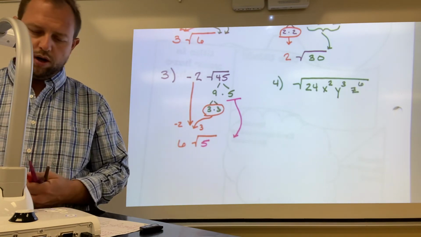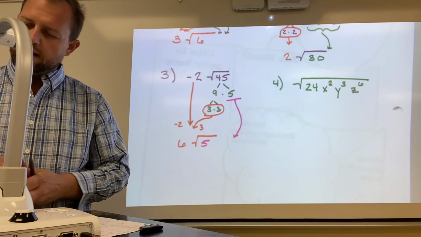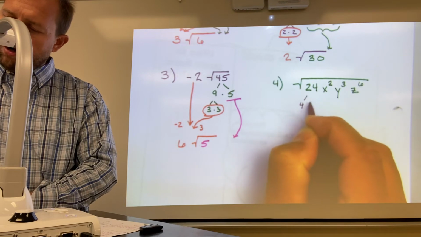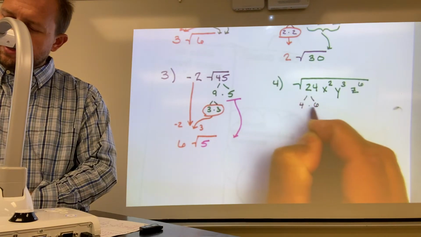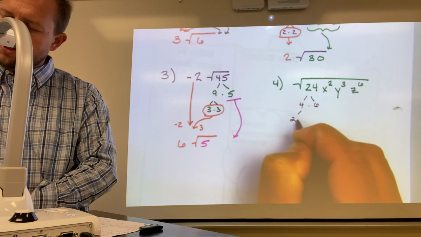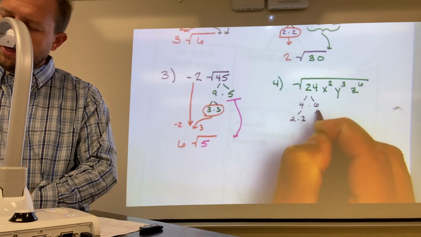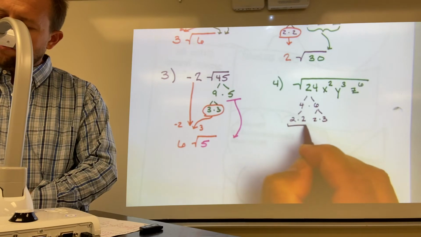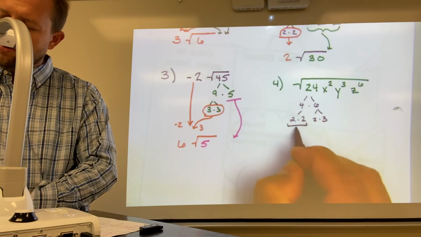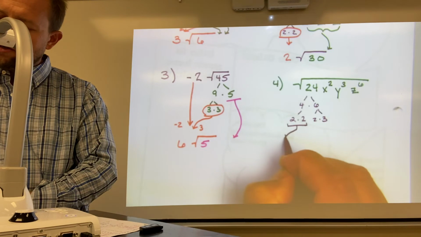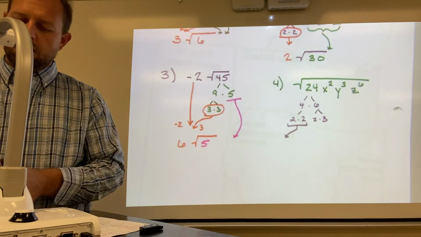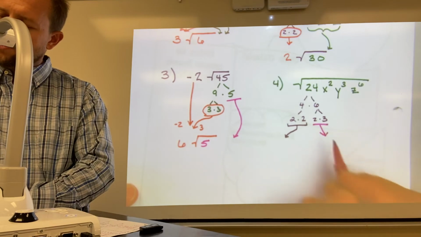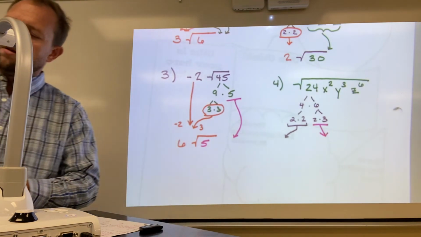So the 24, we can break down into 4 times 6, which break down into 2 times 2 and 2 times 3. That 4 being a perfect square means one of those 2's comes out to the front. The 2 times 3 will stay inside. Okay?